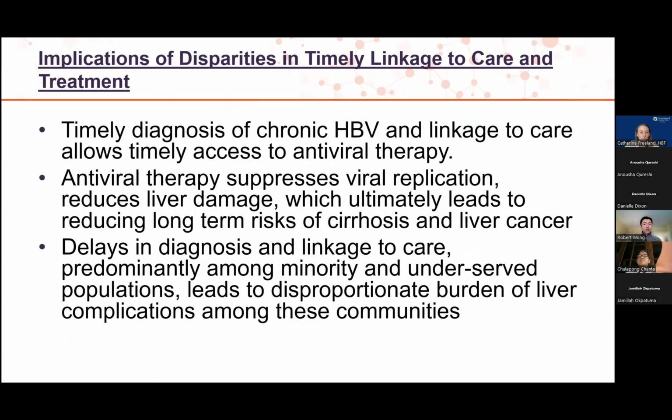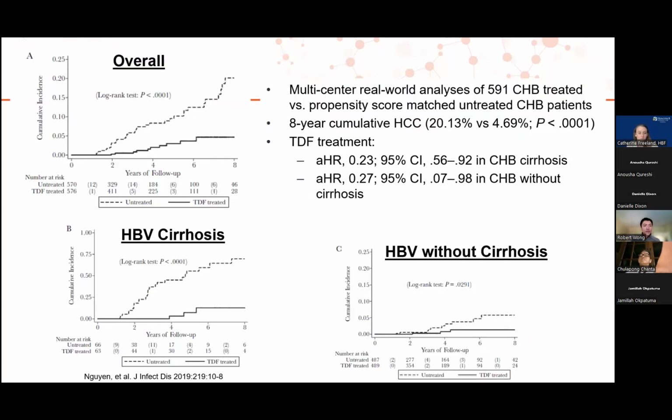What are the implications? I think we know this from some of the previous slides I mentioned. Delays in treatment lead to continued disease progression and allow the virus to cause progressive liver damage, cirrhosis, and liver cancer. What are the data that emphasize this? There are several, but I just highlighted one here. This is a multi-center real-world study of patients treated versus not treated.